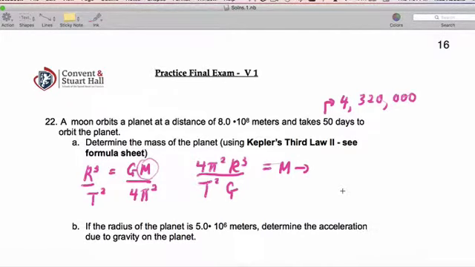And here, there's a lot of different calculator work we can do. But at the end of the day, let's just calculate it out.